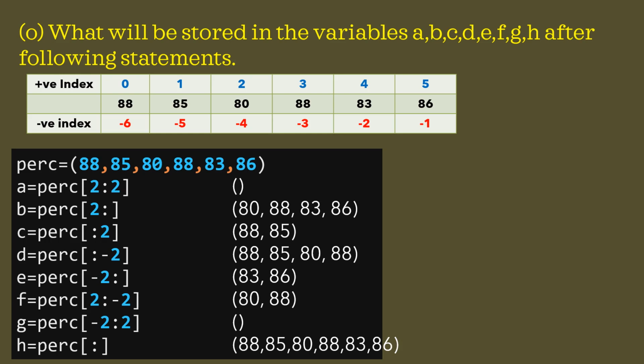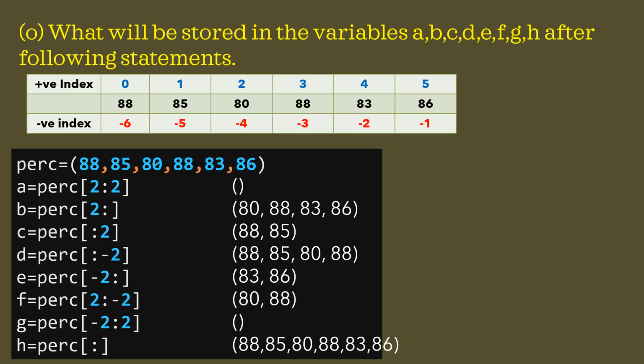Now D is equal to pers of colon minus 2. That means starting from index number 0 till index number minus 2. So as you know, negative indexing is done from the right side. So you can see 86 is present at index number minus 1 and 83 is present at index number minus 2. So it will print the values starting from index number 0, that is 88, 85, 80 and 88.